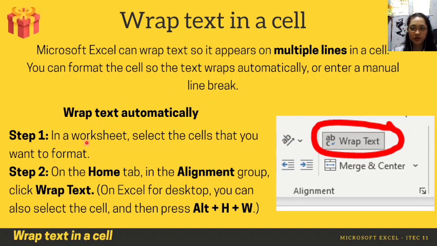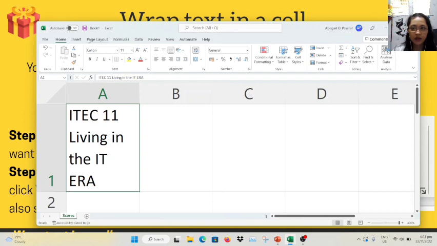In the worksheet, select the cell that you want to format. Then it is in the Home tab, the Alignment group. Look at my cursor, Home tab, Alignment group. Then Wrap Text is there.